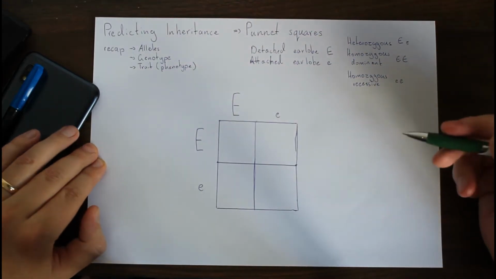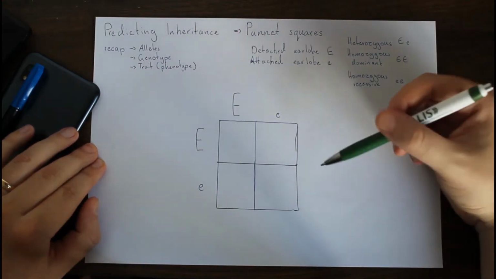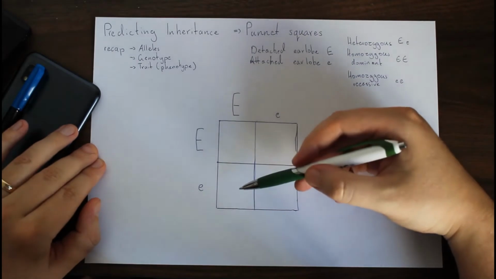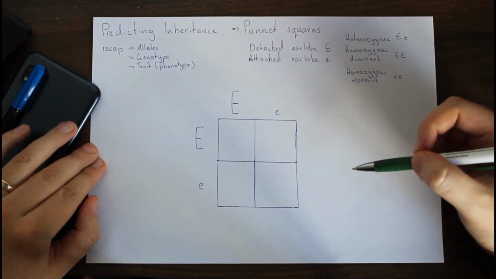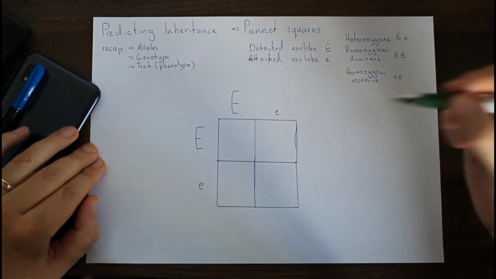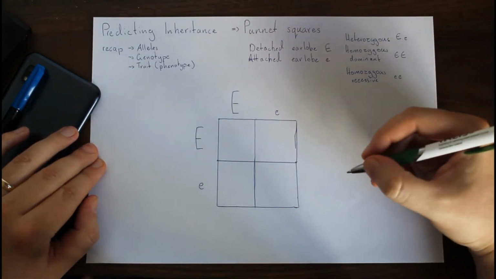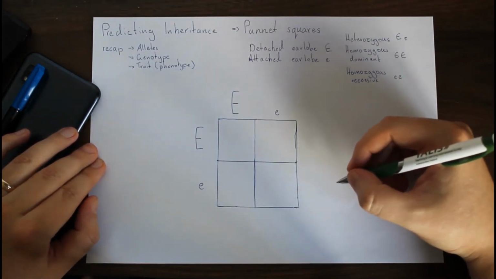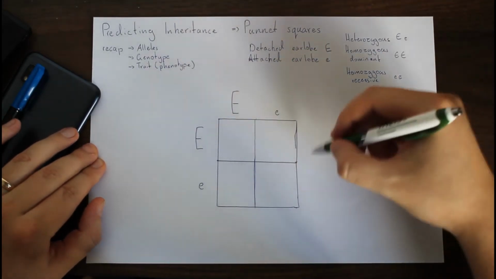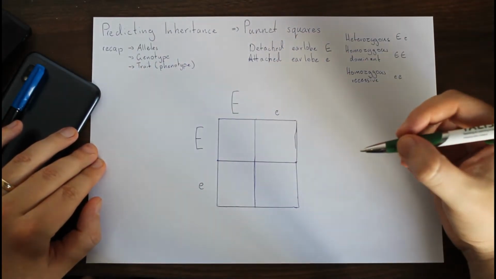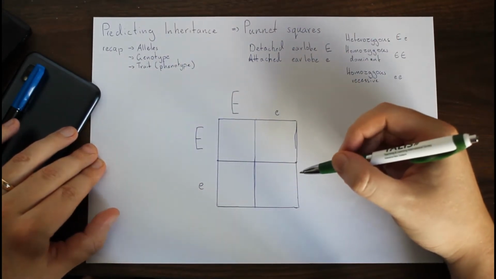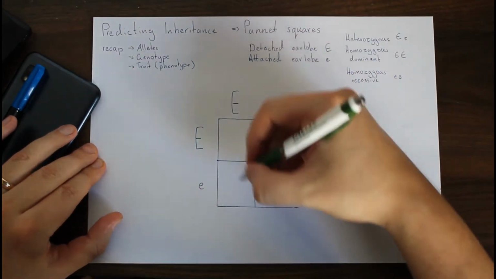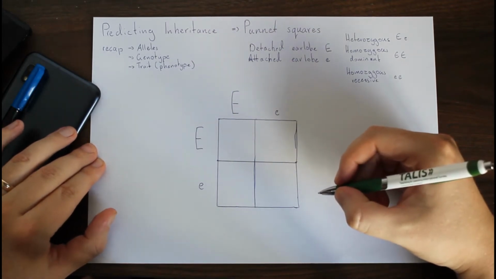Now I'm going to start by going down and across for my dominant alleles, just because writing your genotype with the dominant as the first letter is good convention. You can start with the top or the side, it's up to you, but it doesn't really matter as long as you write down your dominants first so you get good convention.